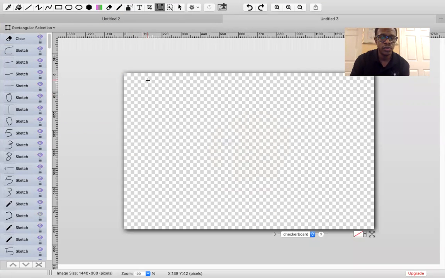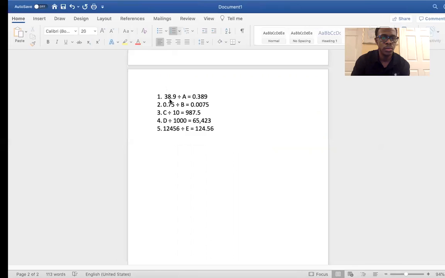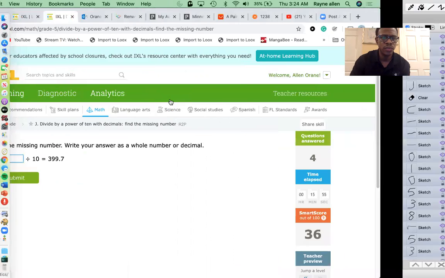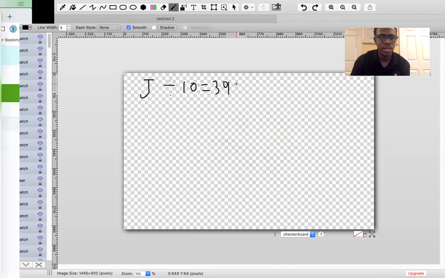We have, let's see if I can write J this time correctly. J divided by, why do I keep doing that? J divided by 10 is equal to 399.7.